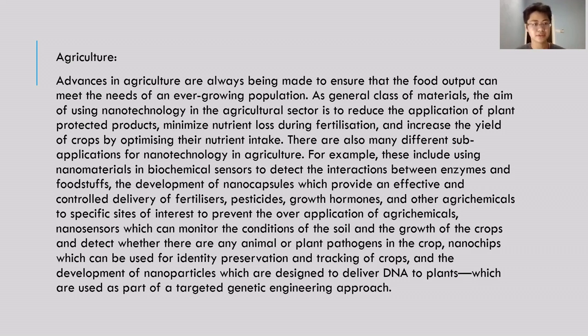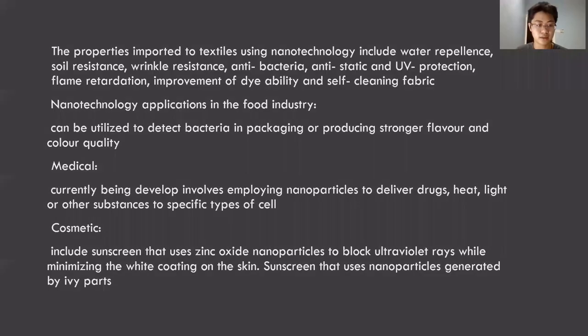There are other examples of nanotechnology in agriculture, which is nanosensors, which can monitor the conditions of the soil and the growth of the crops, nanochips, which can be used for identity preservation and tracking of crops, and the development of nanoparticles which are designed to deliver DNA to plants. And that is all.